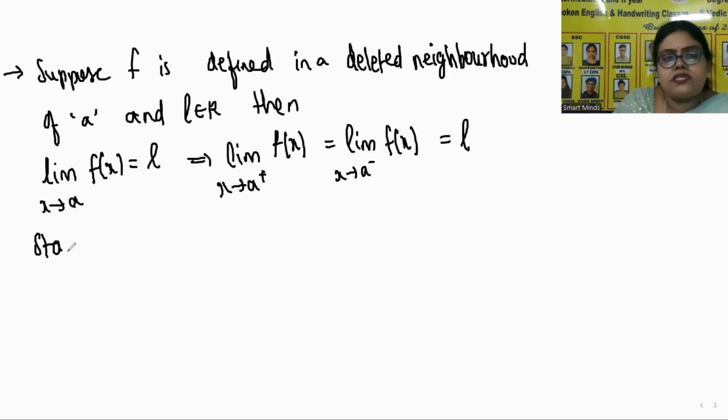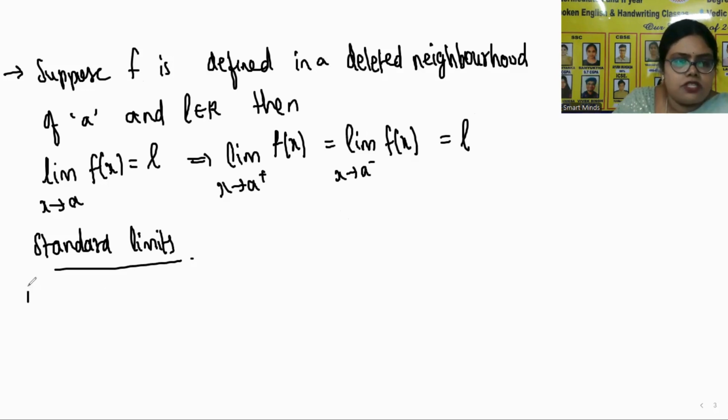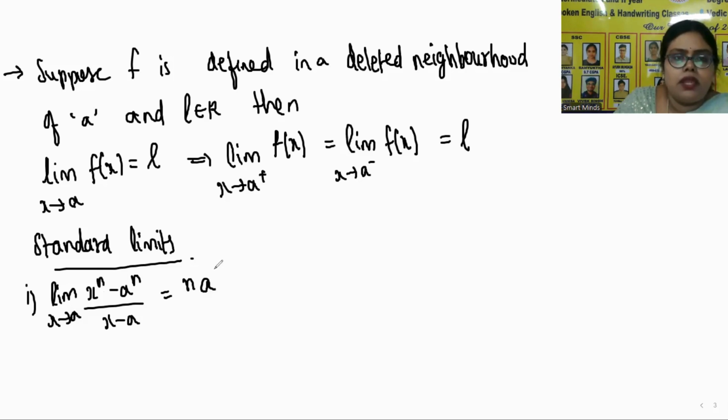Now there are some standard limits which we will be using in the problems. The first one is limit x tends to a, x power n minus a power n by x minus a is equal to n into a power n minus 1.